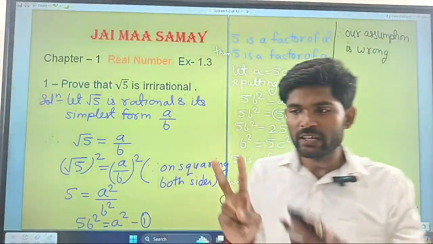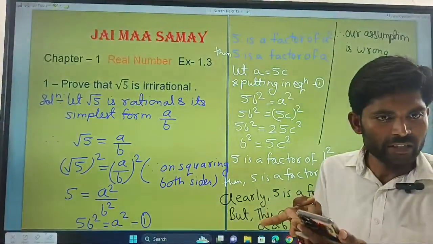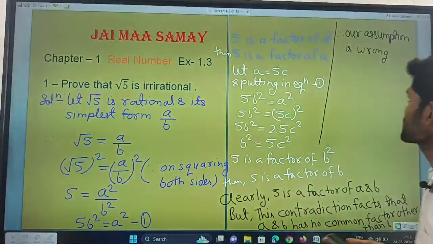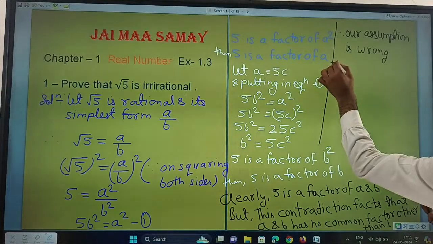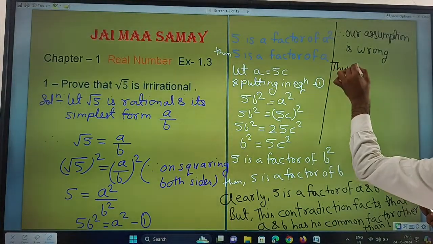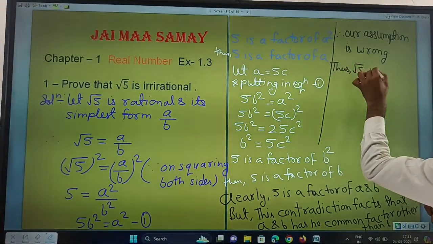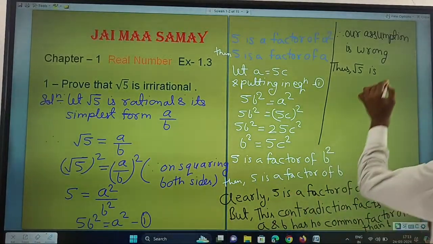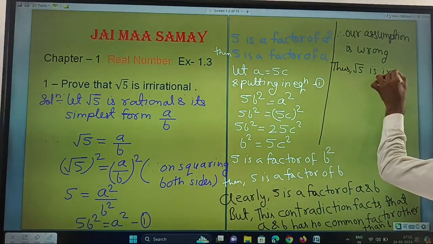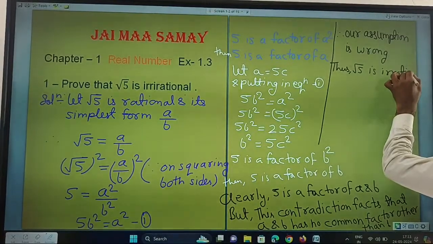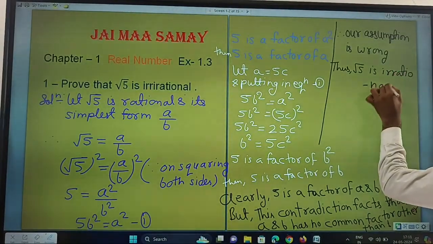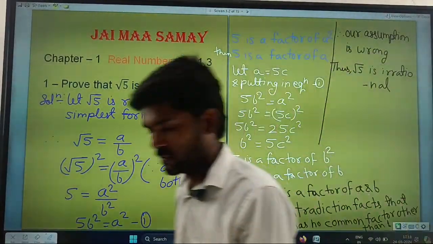So if rational is wrong, then irrational is correct. Thus, under root 5 is irrational. Clear?